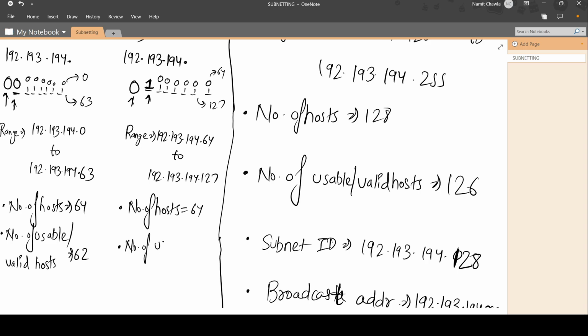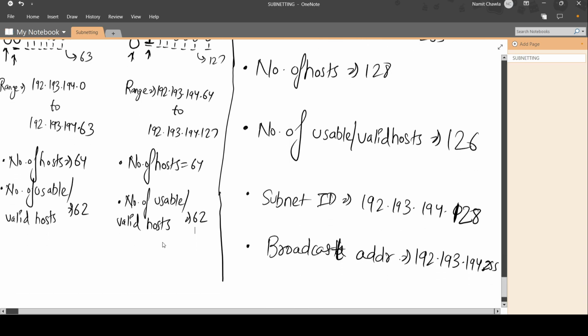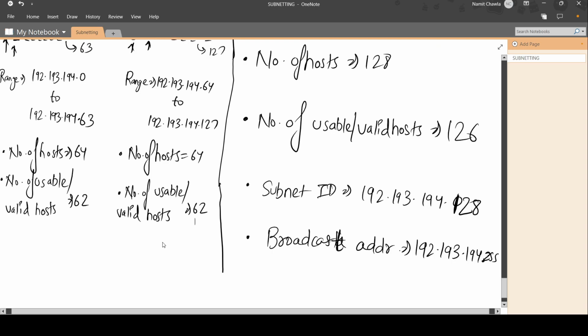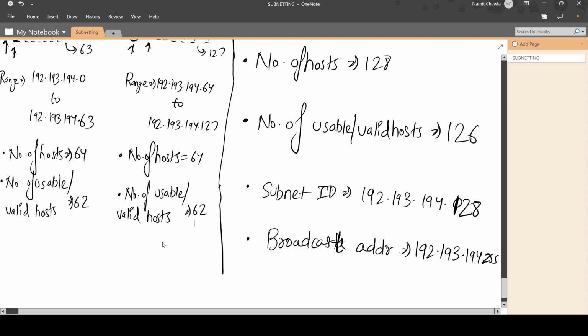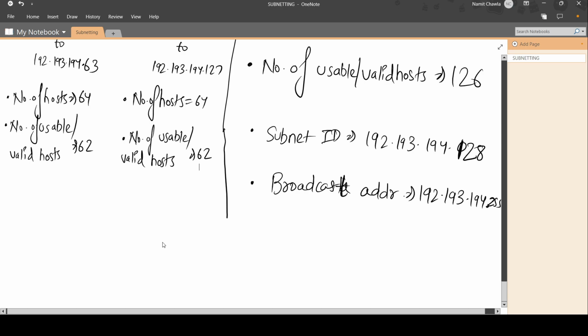Number of usable or valid hosts are 62 each, because in every subnet you are going to have a subnet ID and a broadcast ID. That's why we are subtracting 2 every single time.